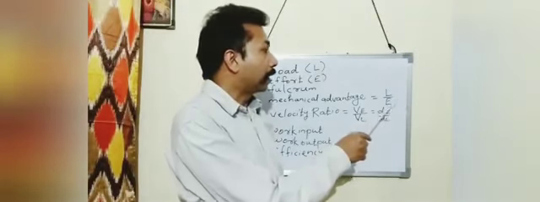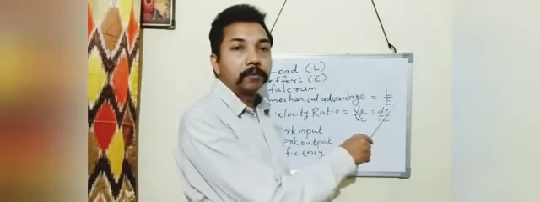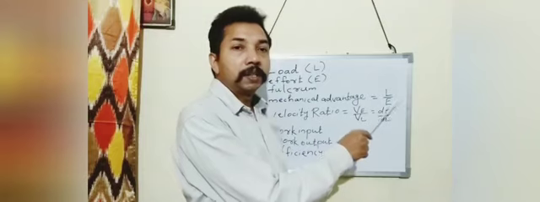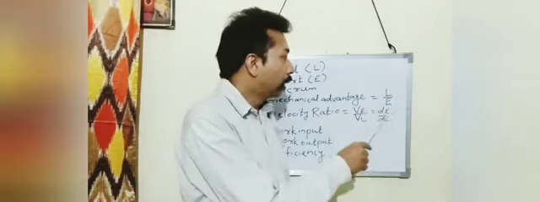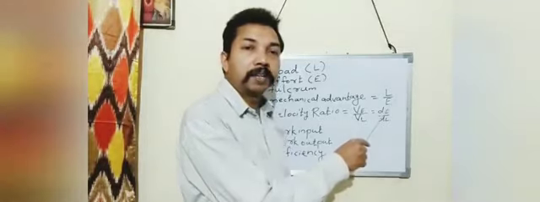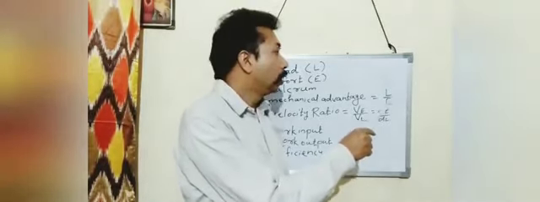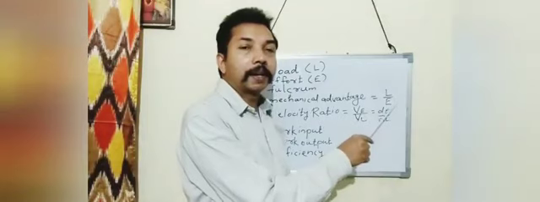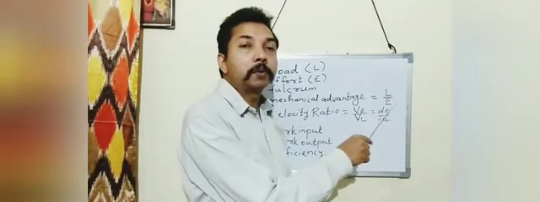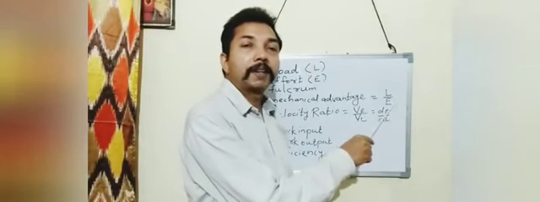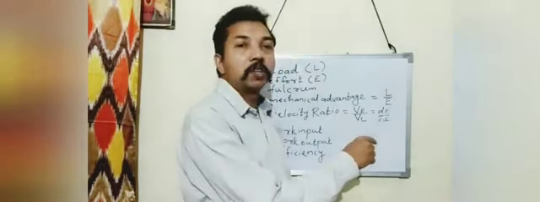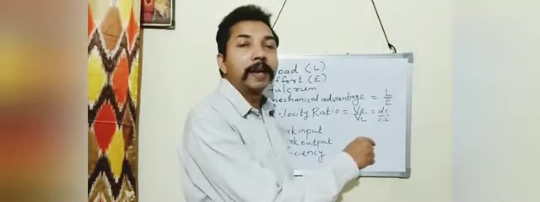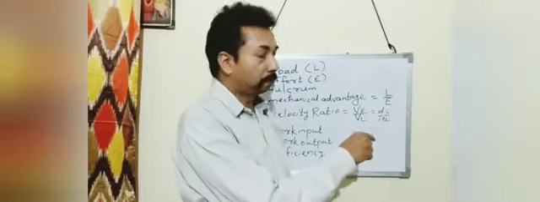So numerator and denominator have same units. The SI unit of load is Newton and SI unit of effort is also Newton. They are cancelled by each other. So mechanical advantage has no unit. It is a pure ratio.